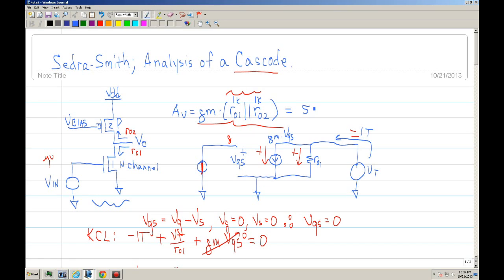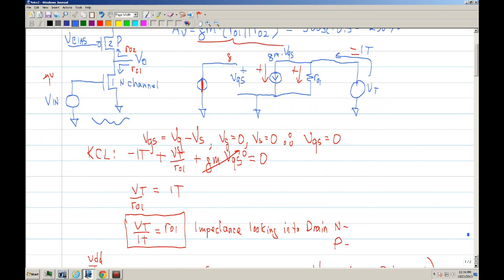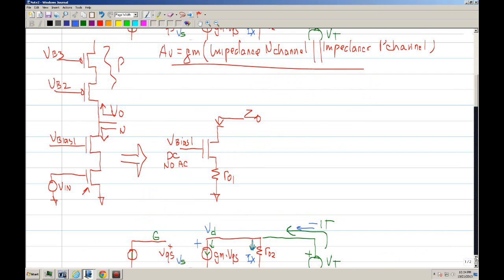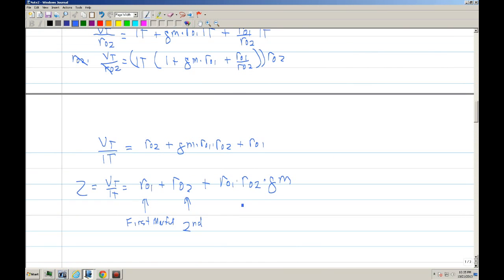Okay, so that means you have an output impedance of about 500 ohms. And let's say that GM is half. So that would be 250 volts per volt. Okay, so by using this configuration, using the cascode, now we notice that we have an amplification of the output impedance. So let's plug in the numbers.